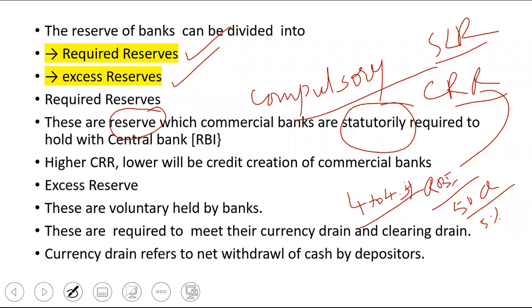Remaining जो है उतना ही commercial bank को loan दे सकता है. That means 100 minus 4.5, that is around 95%, 95 rupees commercial bank can give us the loan. What is the reason? In case depositor comes to withdraw the money, commercial bank के पास पैसा होना चाहिए. That is the reason Reserve Bank is making CRR compulsory.